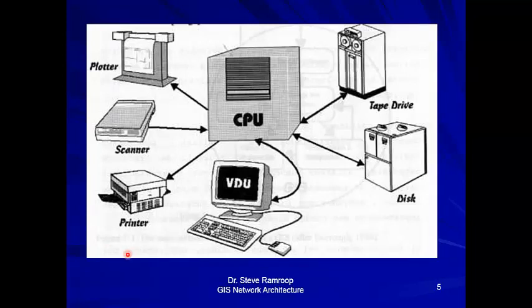Okay, this slide shows a simple yet informative way of connecting your hardware. And when I say hardware, I'm referring to your CPU, as shown here. Your CPU is very important in your GIS implementation or any computer application. I would urge all of you to get familiar with the contents of your CPU.